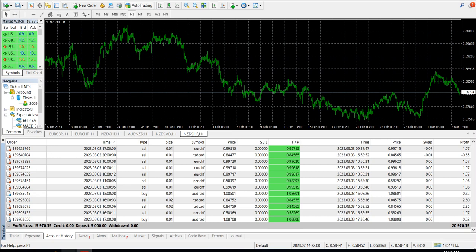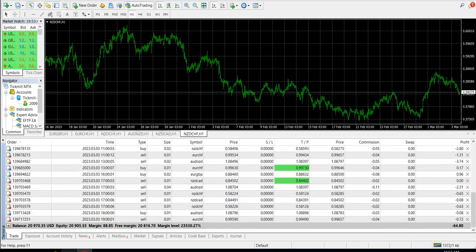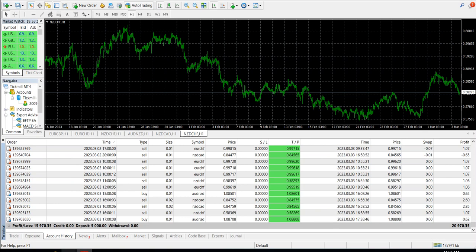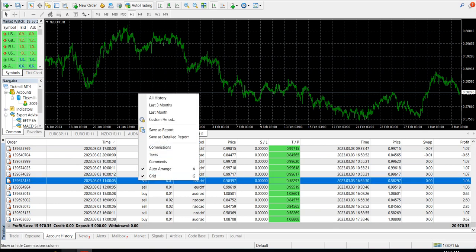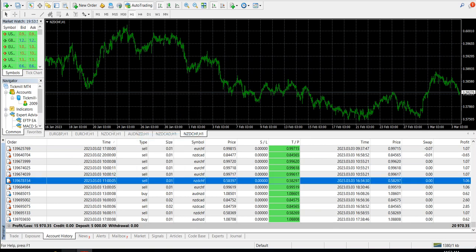Okay, so this is what the record is from the last 7 months. With a deposit of 5,000, we made this much profit so far. And if you would like to see the running trades, there are running trades right now, which are minus 64.61 something. Let's go to the account history. Let me create the detailed report once again.